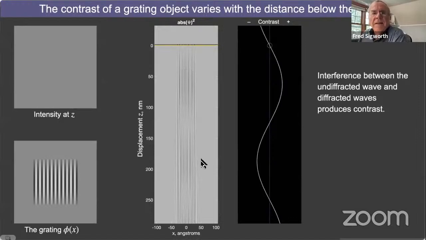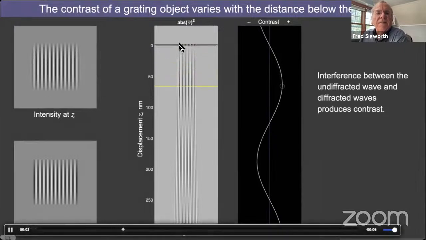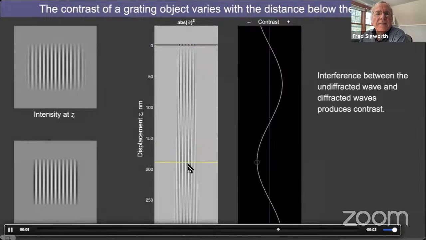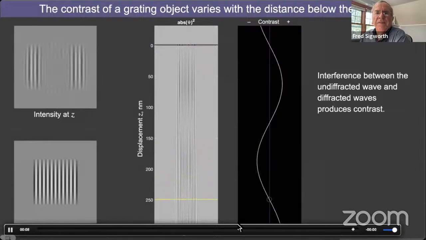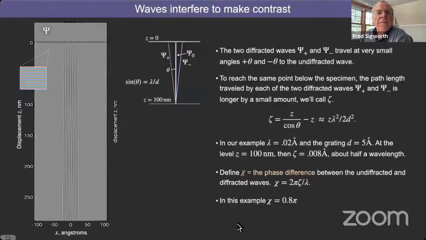If we now do the same trick of varying the defocus, that is, we focus at different regions below the specimen, which is sitting right up here, we get varying amounts of contrast. There's a point here where there's no contrast, and then there's more contrast in the opposite direction. Now, how do we get contrast anyway?